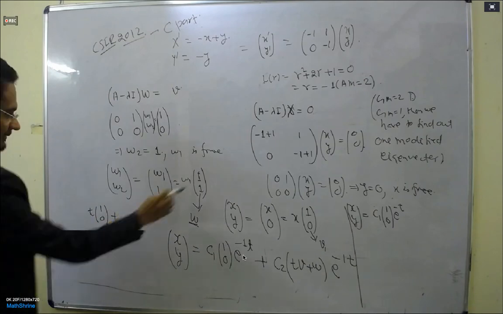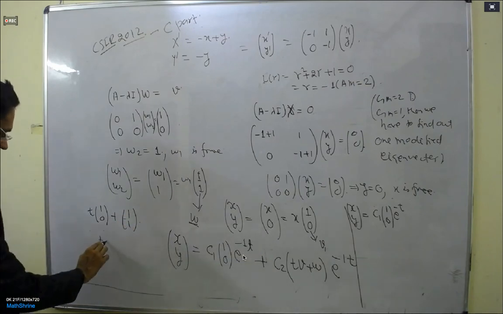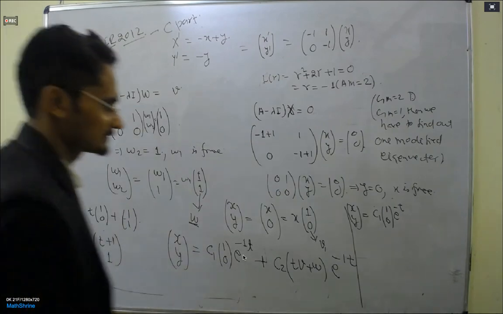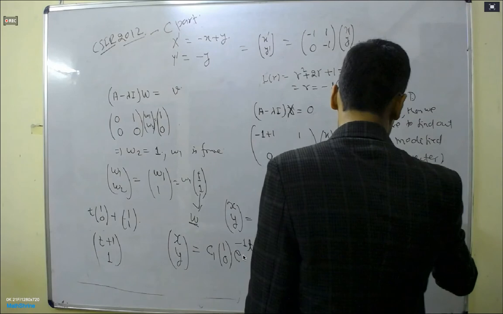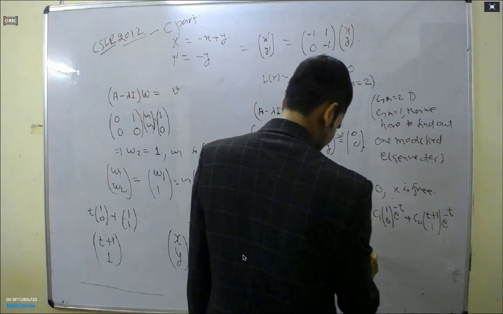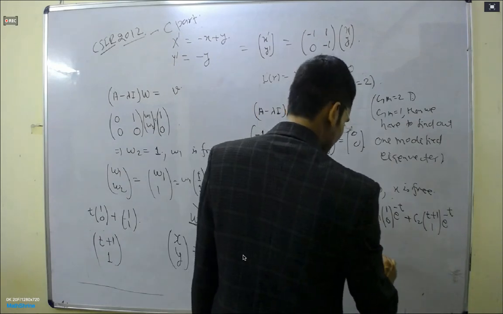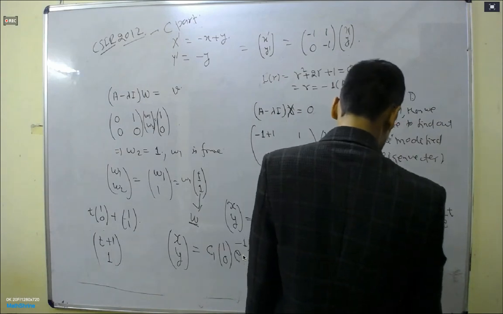This is x is equal to, and y is equal to, it will come out C2 e power minus t. This is your answer. All right, everyone? Yes, I think it is all right. So this is your answer.